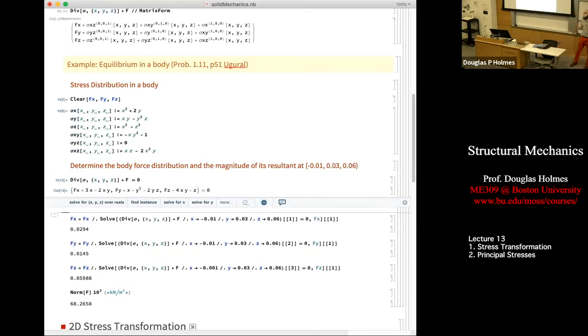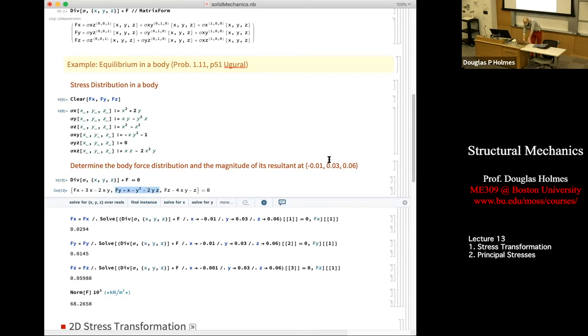We started with three partial differential equations. By giving it functions of x, y, and z for stress, you can calculate those partial derivatives in those three equations. And the outcome is this. Each of these equals 0. And so we're left with a pretty simple problem. Three equations, three unknowns. Not too bad.